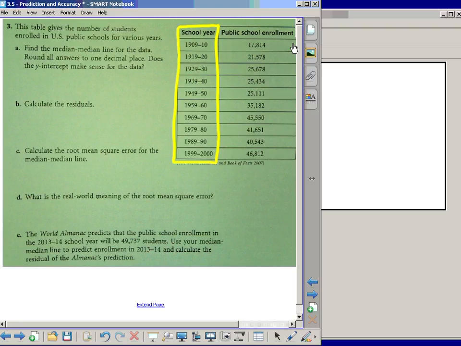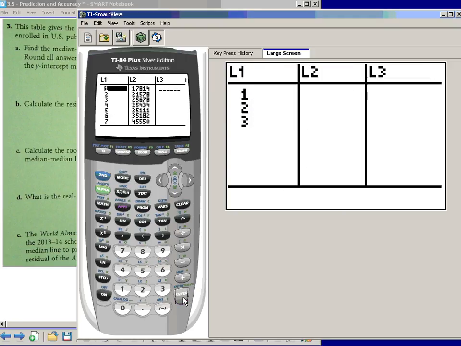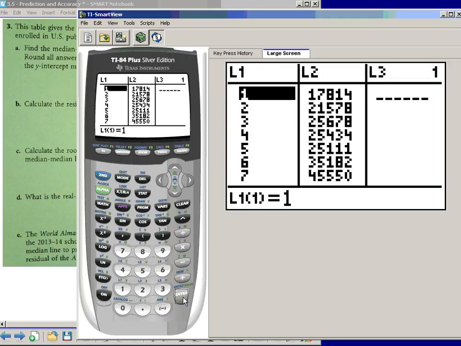So when I get down to the year 2000, my number will be 10 for 10 decades after the year 1900. Those are the values I'm going to use for list 1.